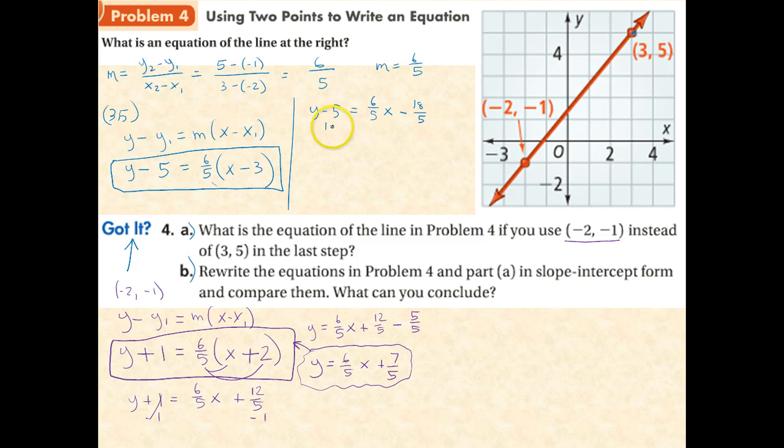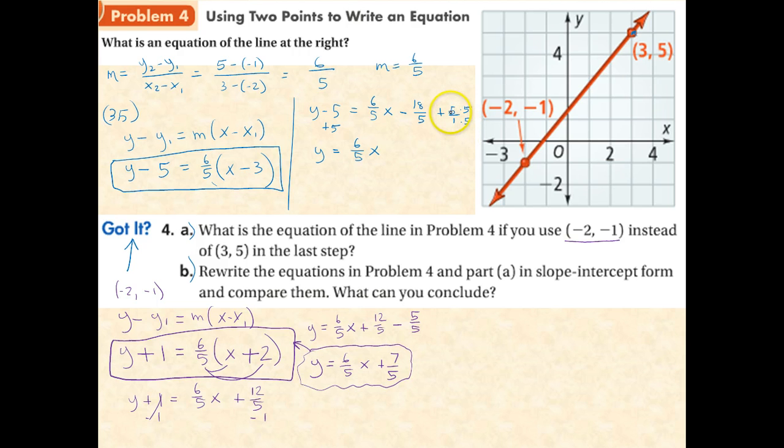Then we're going to add 5 to both sides. So we're going to get y equals 6 over 5x, and then 5 is 5 over 1, right? And if I multiply the top and bottom of that, I get 25 over 5.